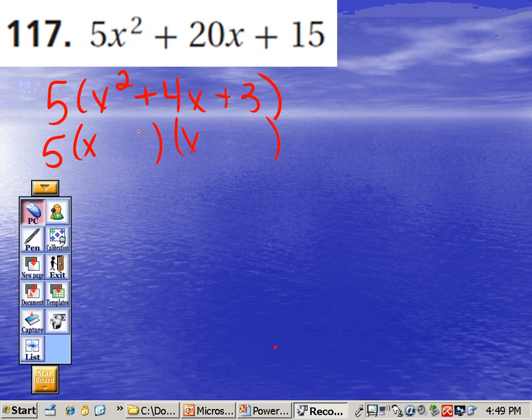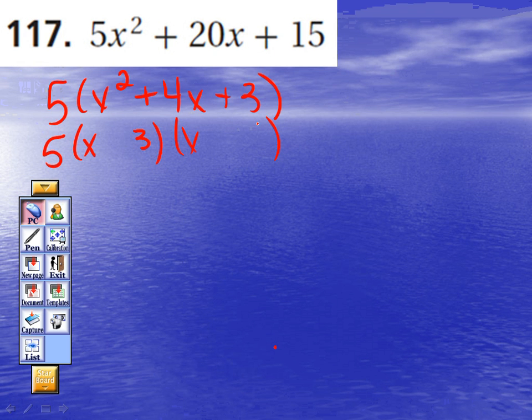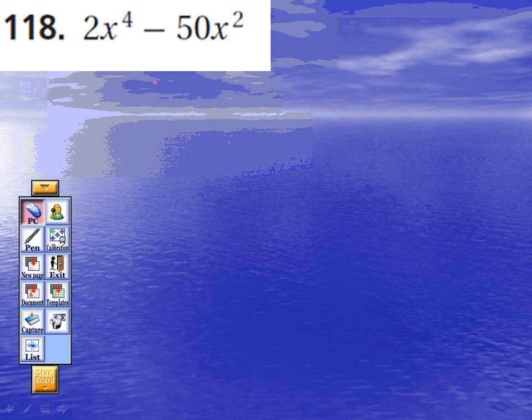Okay, that would be 3 and 1. That's the final thing I can do right there because they multiply to give me 3 and add to give me 4. Final answer.